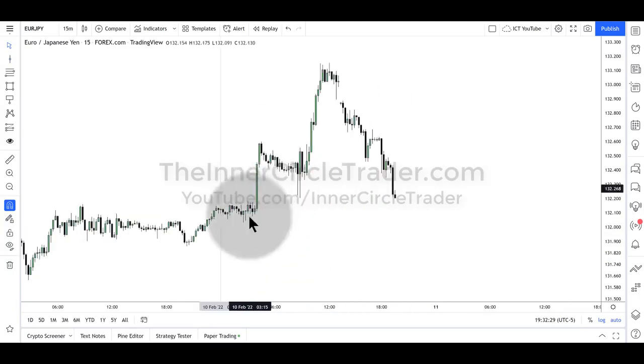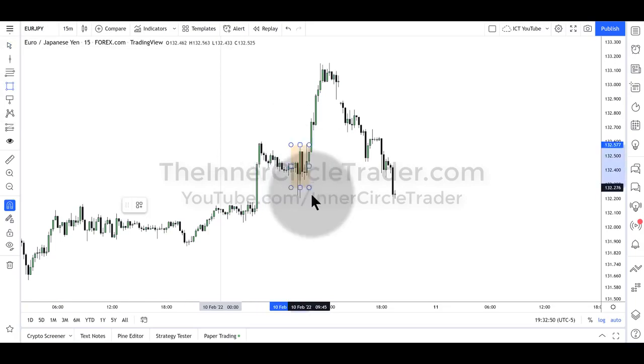Market rallies in here. And then we go into the New York session right here. So we're going to go into this price structure and ferret out the run that occurred in here. I'm going to put a rectangle in this area so that we know what we're looking at relative to this 15-minute time frame.